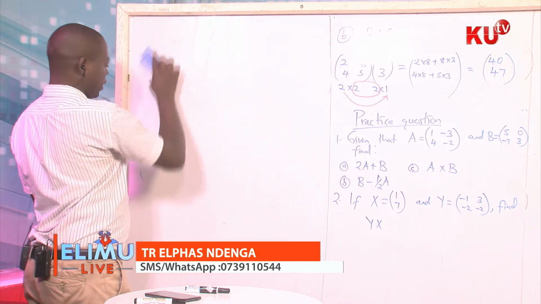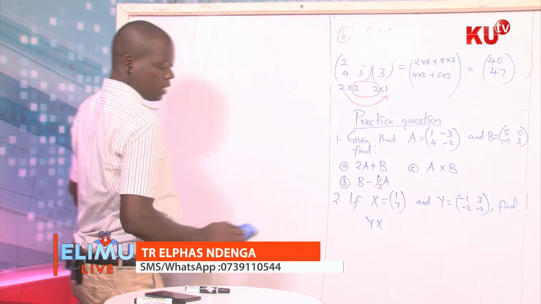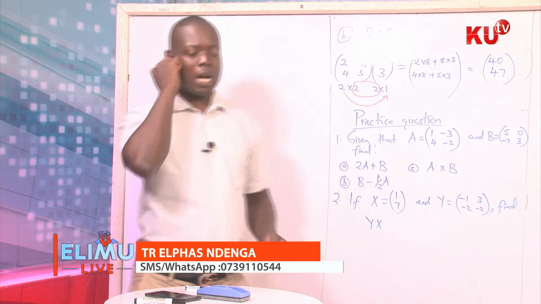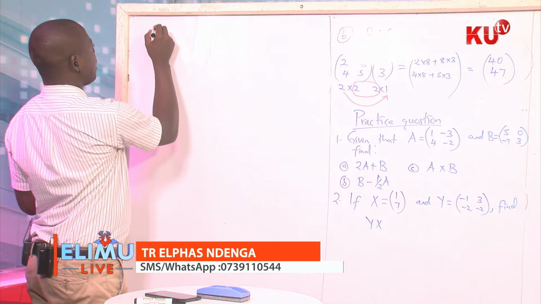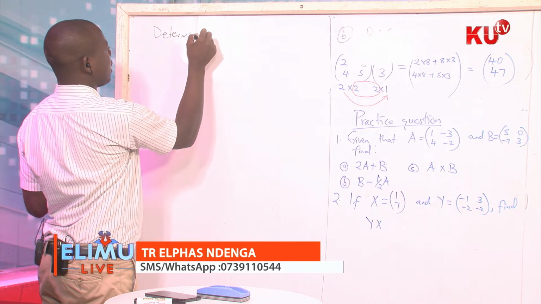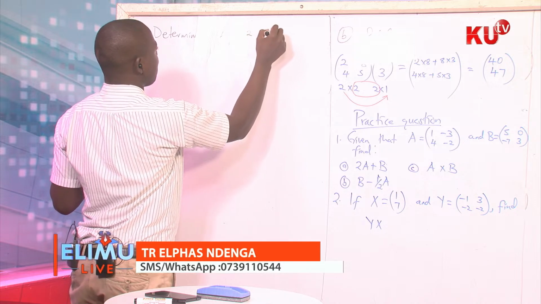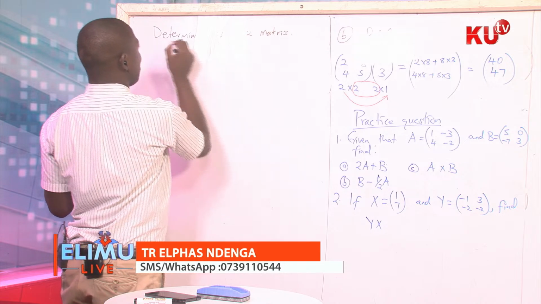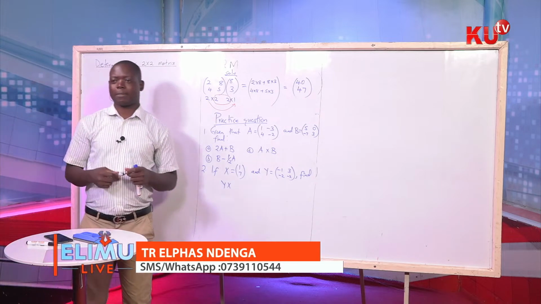Before we conclude, students, we will need to look at the last aspect that we highlighted, which is the determinant of a 2 by 2 matrix.